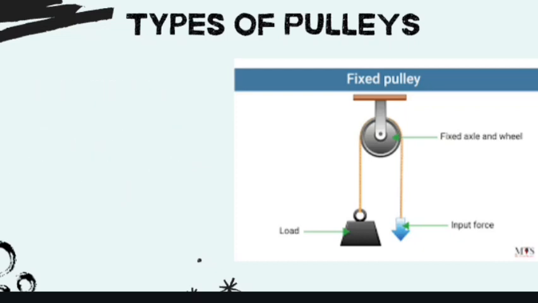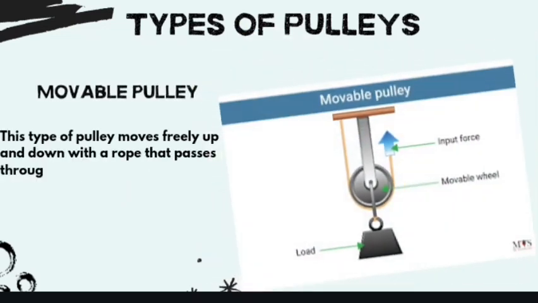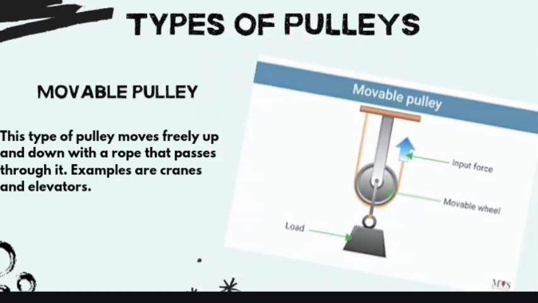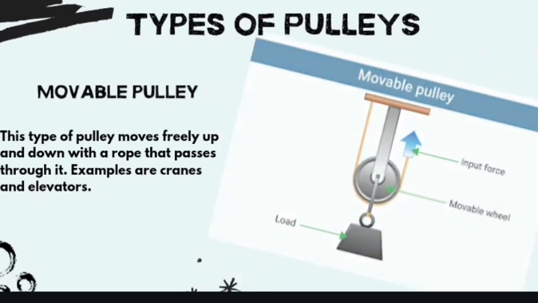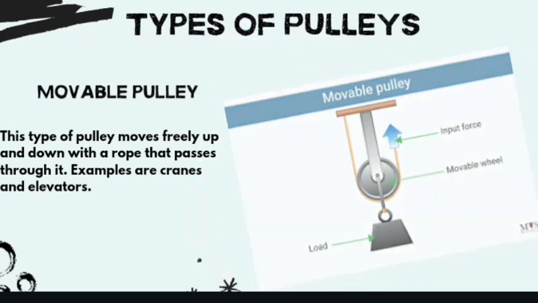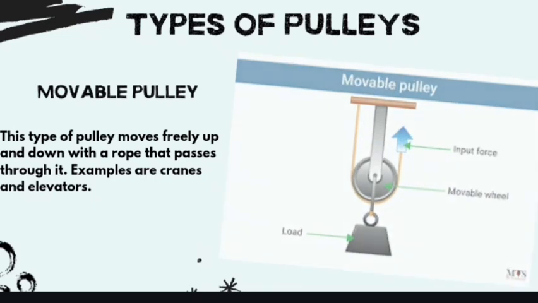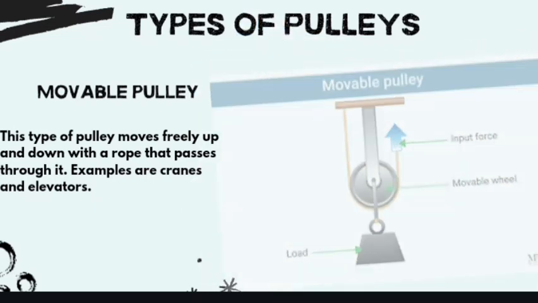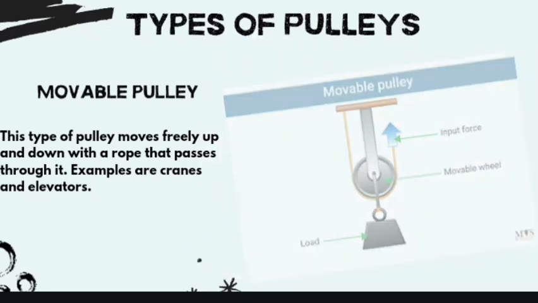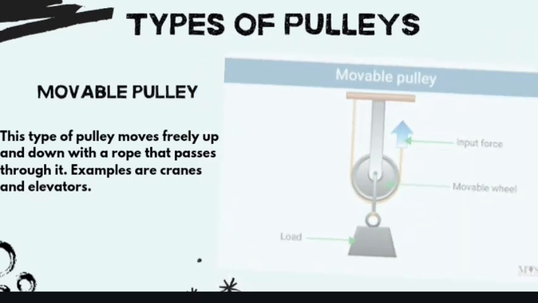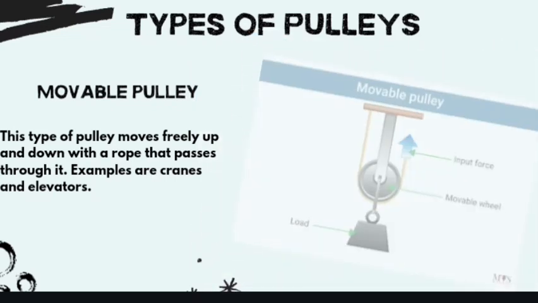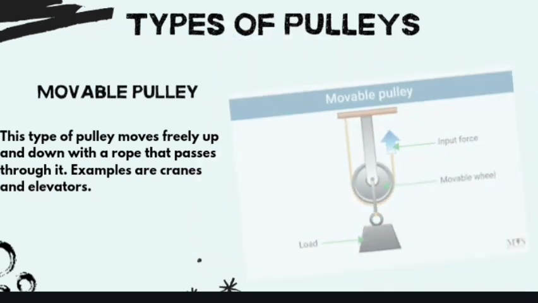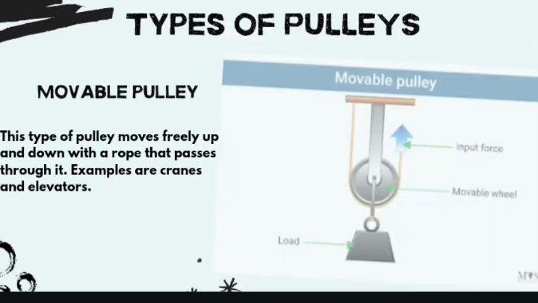And then we have the movable pulley. So this type of pulley moves freely up and down. Okay, it moves freely up and down, and it has a rope that still passes through it. Examples are the crane and elevators. So you can see that in a movable pulley, it's the metal by itself that moves up and down.